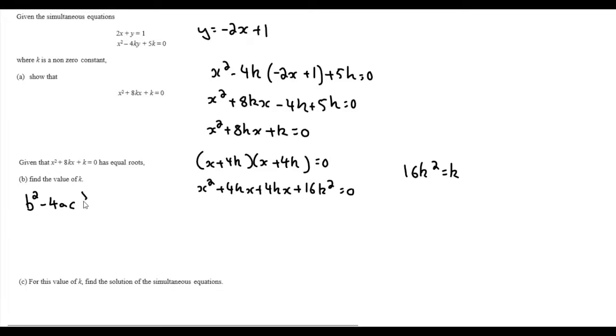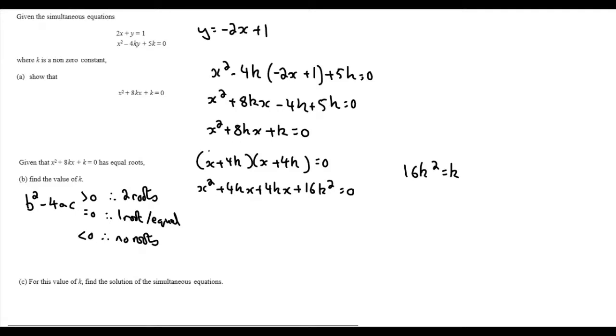If it's greater than 0, then there are two roots. If it equals 0, there's one root, or in other words, equal roots. And if it's then less than 0, there's no roots. So it doesn't solve. Because we know it's going to be equal roots, we know the discriminant would equal 0.